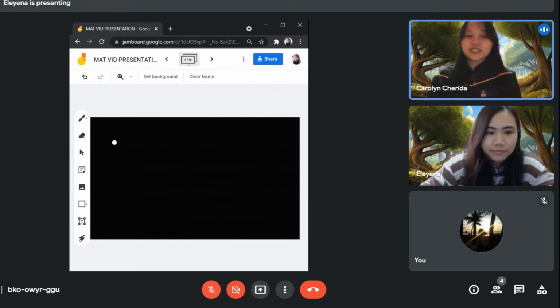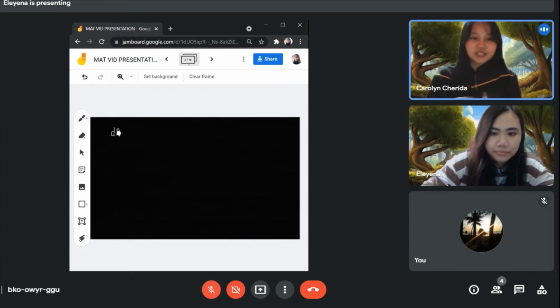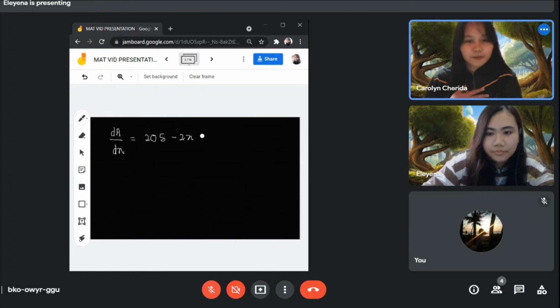Okay, so for the next step, we will differentiate the function of area and we get dA over dx equal to 205 minus 2x equal to 0.